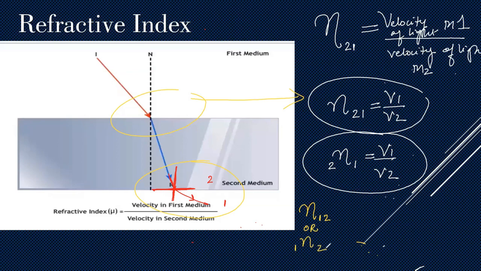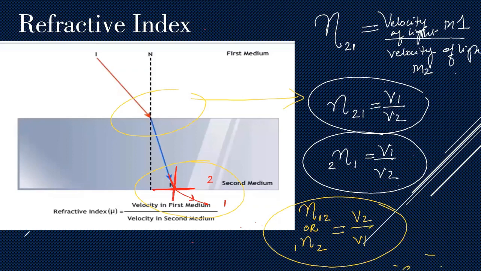With respect to will always be the medium from where it is coming, and refractive index will always be of the medium in which it is bending. Just keep this in your mind. So now this will be equal to V2 upon V1. Here it is 1 to 2 upon 1; over there, 2, 1, 1 upon 2. This is the way you remember it.